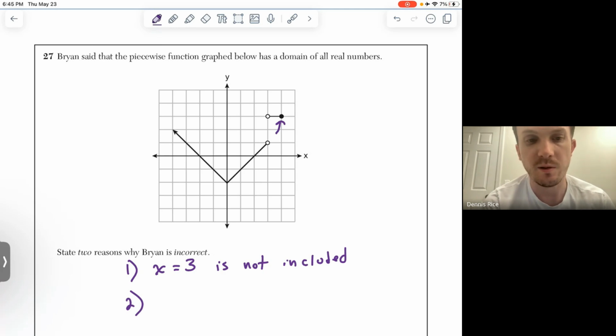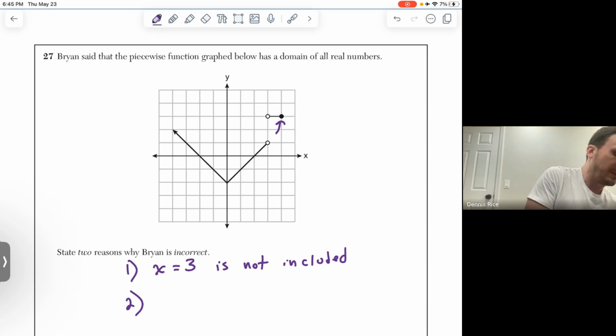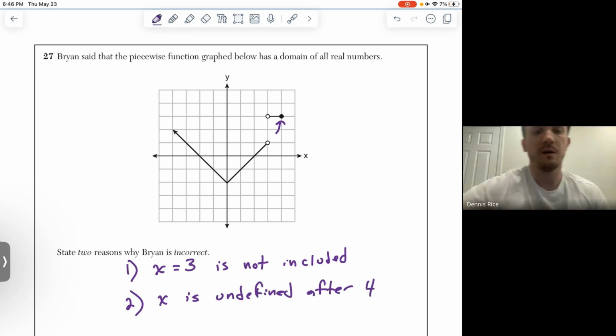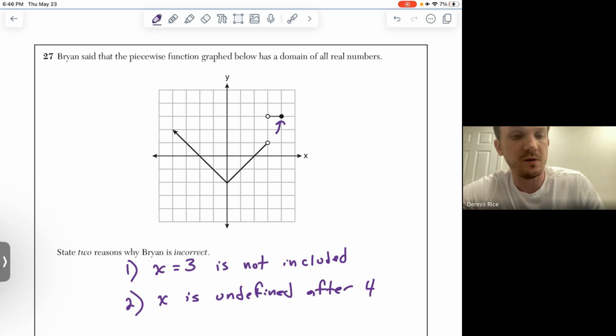So nothing is defined past 4. Something along those lines. It touches 4, 4 works, but then everything past 4 is not defined. So 3 doesn't work, but everything past 4 doesn't work as well.